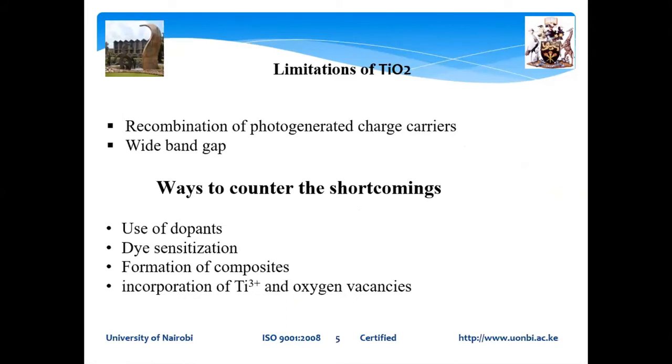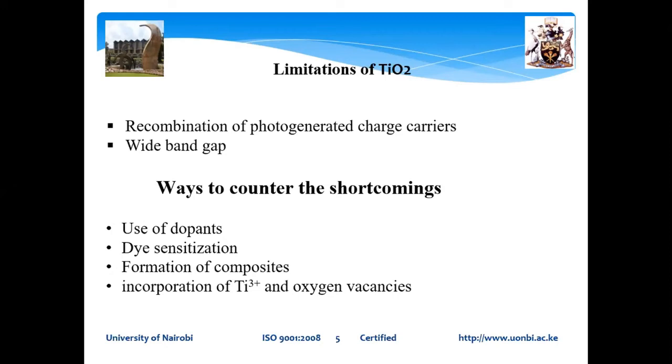Titanium dioxide has been faced with two major limitations. One of them is the recombination of photo-generated electron-hole pairs, which generally reduces the overall efficiency of fabricated solar cells. And again, being a wide bandgap semiconductor, titanium dioxide can only be activated using radiation from the ultraviolet region.